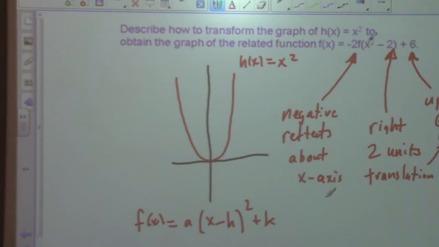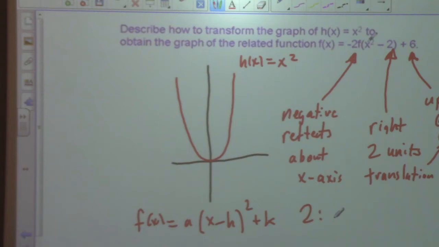Okay, and then one more thing. What does the 2 do? What does a 2 do? Somebody make an intelligent guess if you don't know what it is. Where's in your notes?